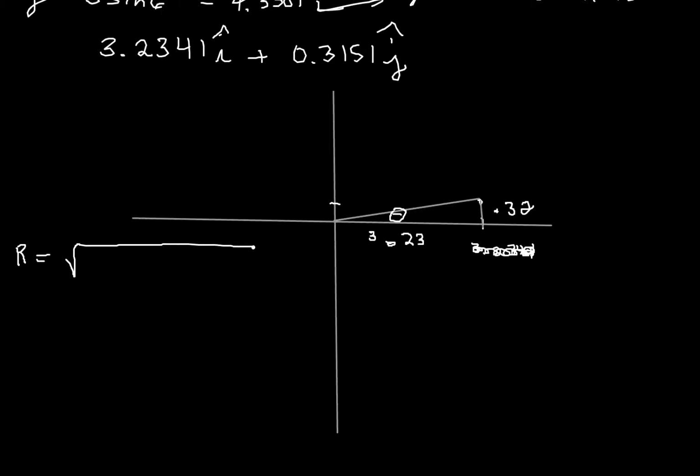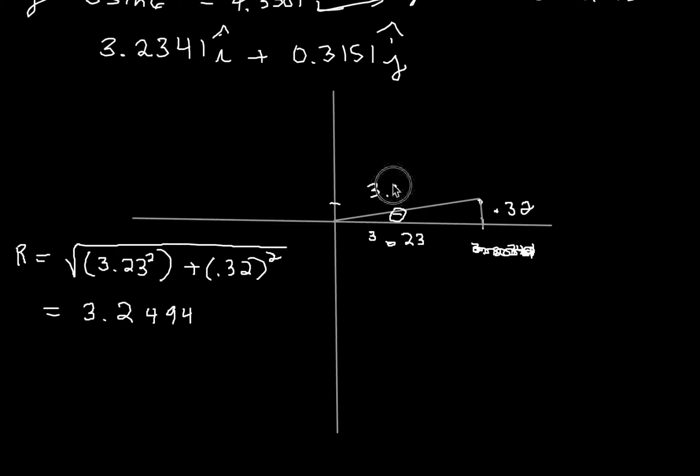So we get 3.23 squared plus 0.32 squared. In the book they don't round. And we're going to get approximately 3.2494. That's the resultant. That's your vector length. Now we're going to have to use trigonometry.